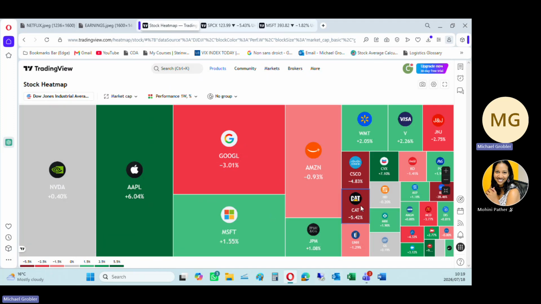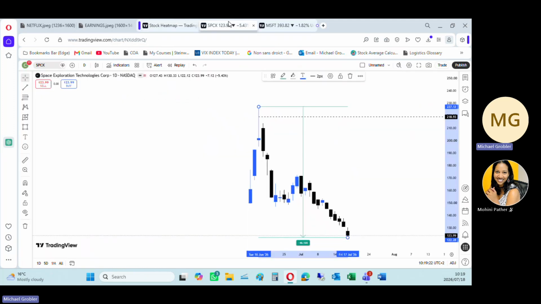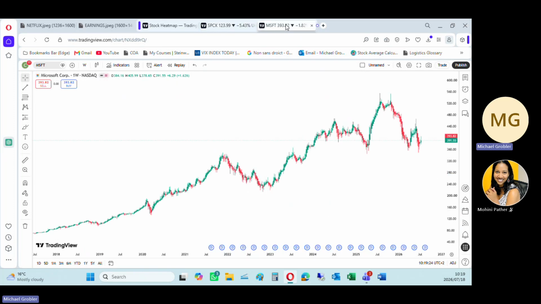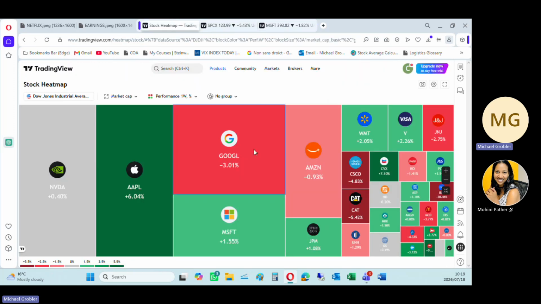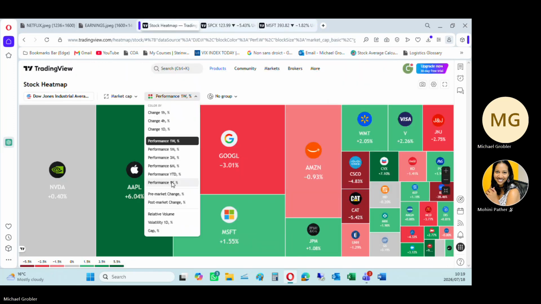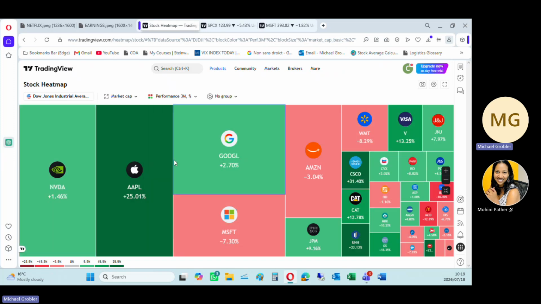JP Morgan. Okay, so what you really want to do when you're actually choosing stocks for the competition is it would be better to choose stocks that have gone in an extreme direction for a period of time. You got to win this competition, you got to win it quickly, essentially.